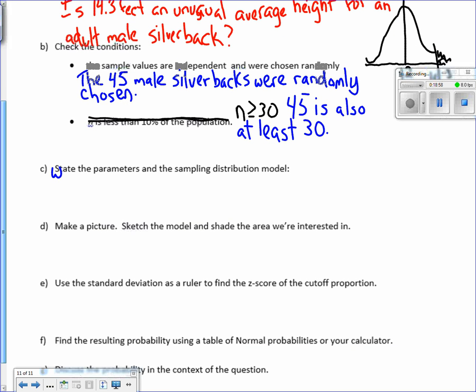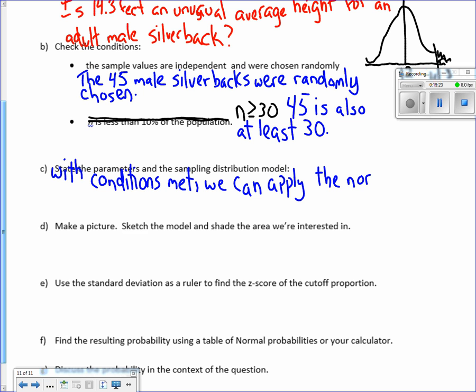So we say with conditions met, we can apply the normal model with mu equal to 12 and standard deviation for our sample mean.